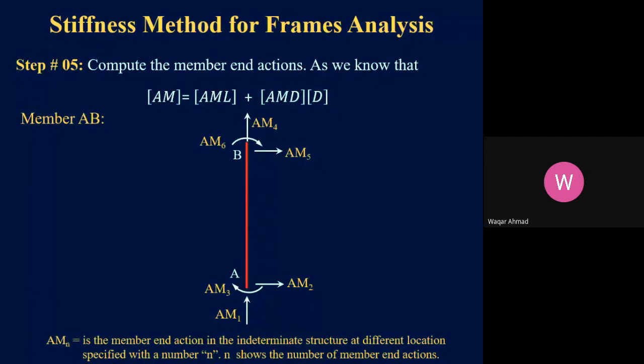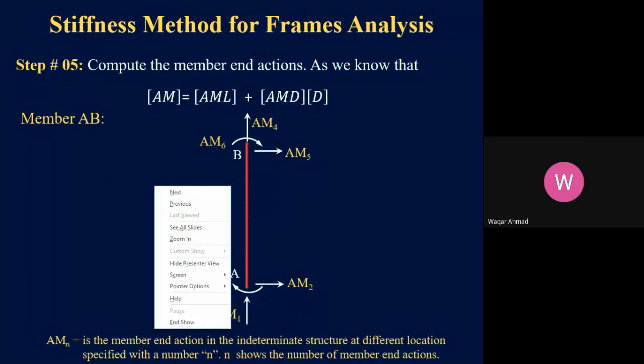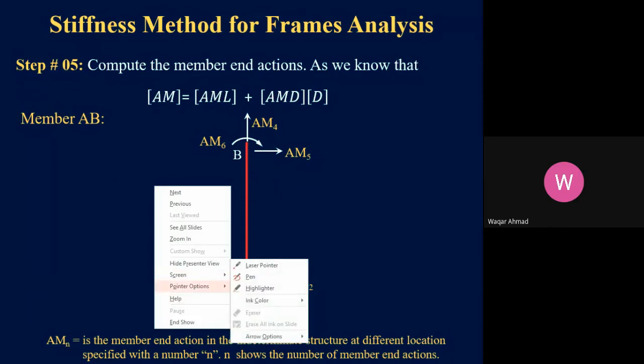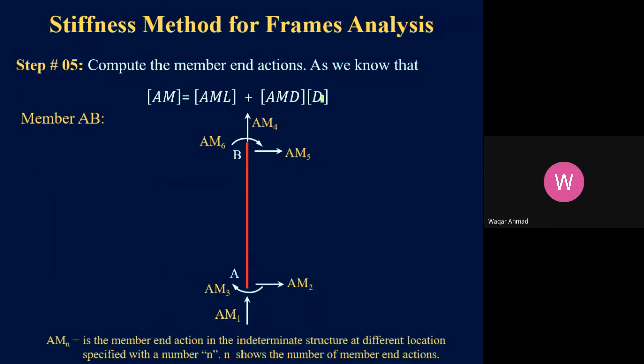Now in this step we are going to find out the values of the member end actions by using this equation. In this equation we have to find out the values of the AML matrix and then the AMD matrix, and we already know the values of the D matrix.